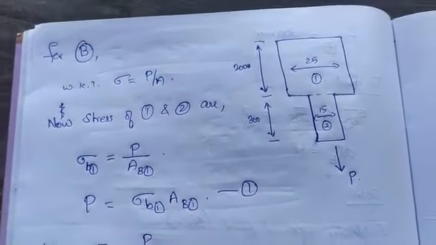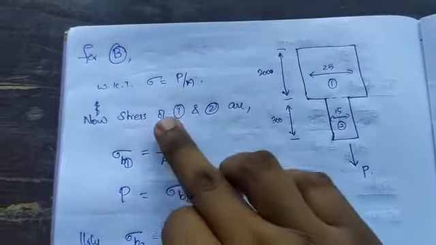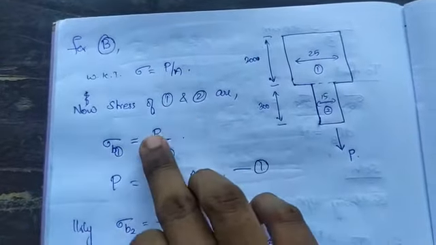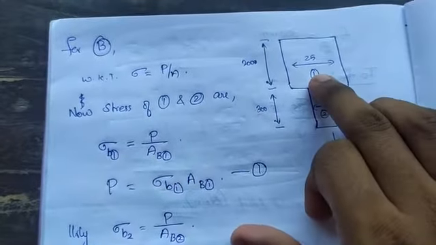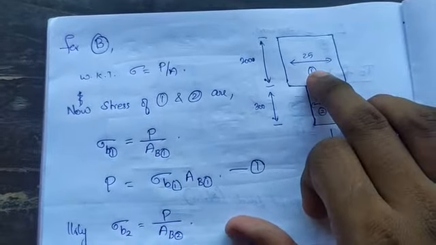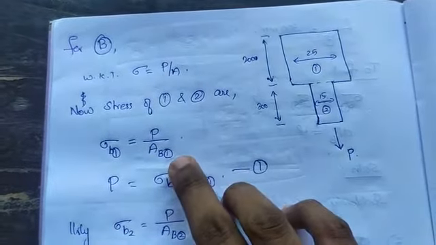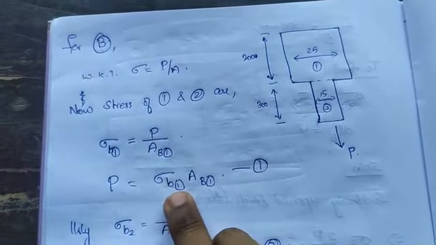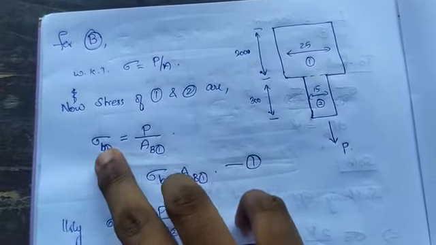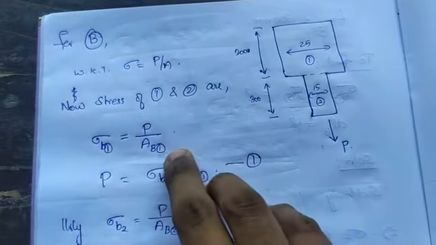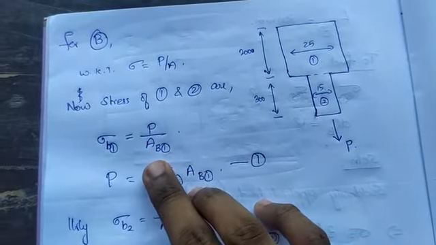Next we need to find out for B. Sigma is equal to P by A. For the first section, sigma B1 is P by AB1, so P is equal to sigma B1 into AB1, since stress is equal to force by area.